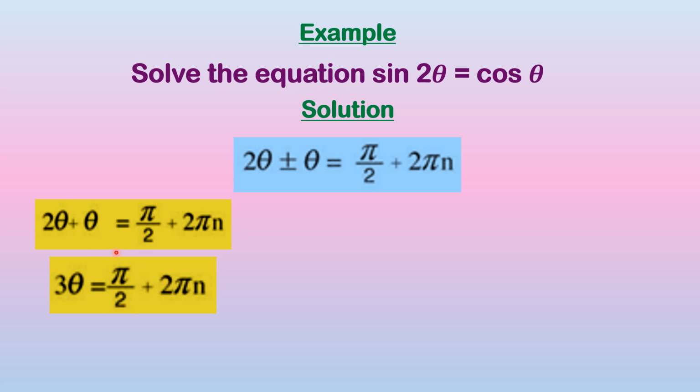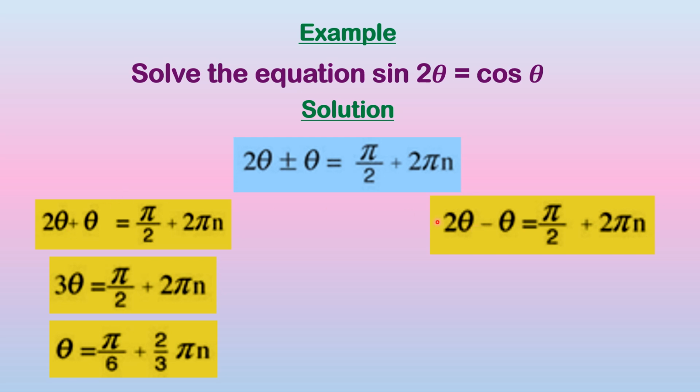Pi over 2 is 90 and 2 pi n is 360n. Dividing by 3 on both sides, theta equals pi over 6 plus 2 over 3 pi n. This is when we take only the addition.